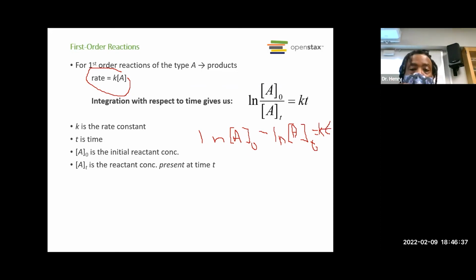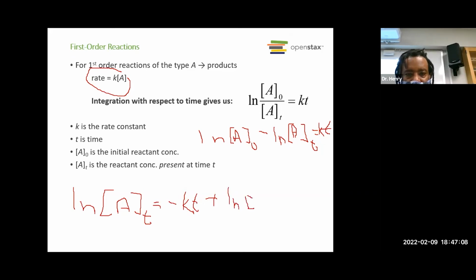Okay, so if we adjust this, we could have ln A t equal minus kt plus ln A naught. Does this look like an equation that you guys are familiar with, where you have t acting as one of the variables, and then this ln A acting as the other?